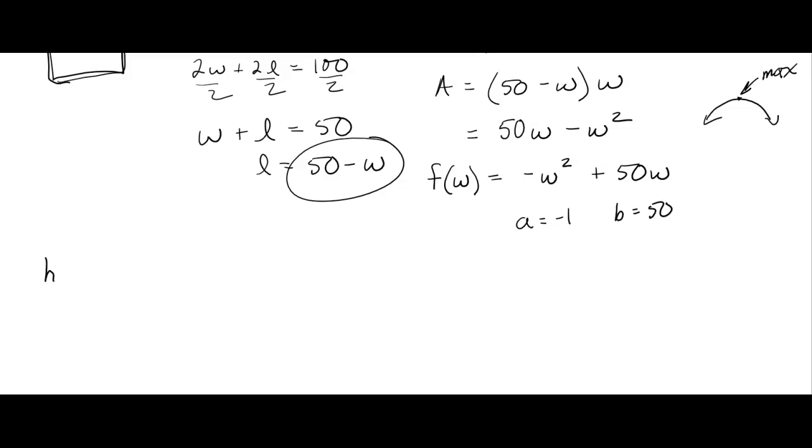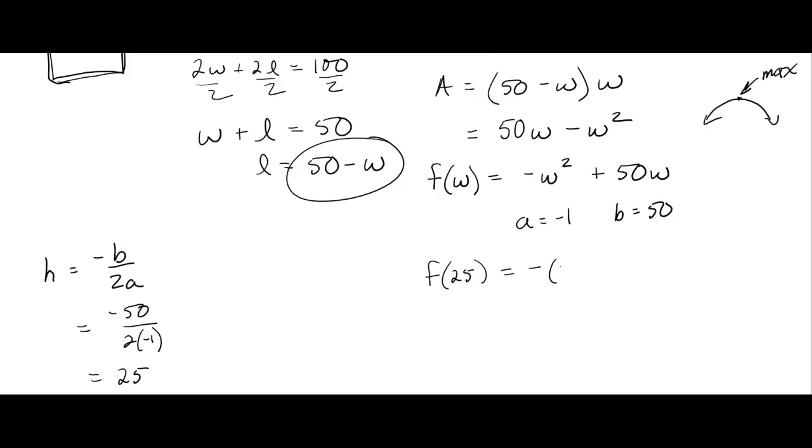So H is going to equal the opposite of B over 2A. And so I get negative 50 over 2 times -1, which is going to be 25. So H is 25. And then I'd have to plug that in and say, what's F of 25?